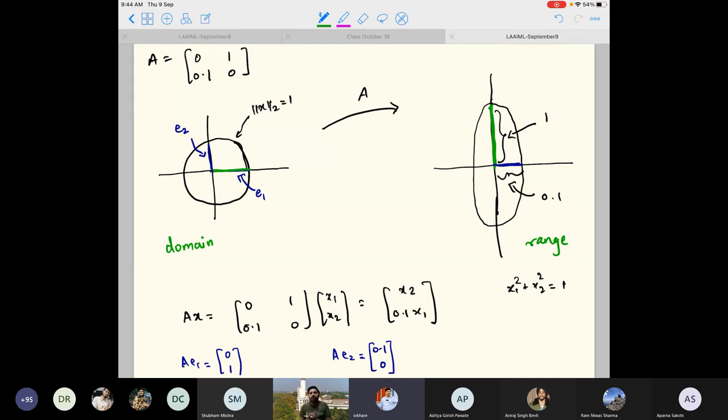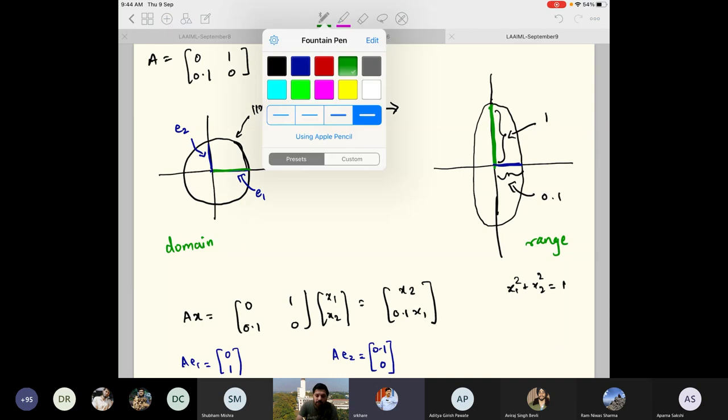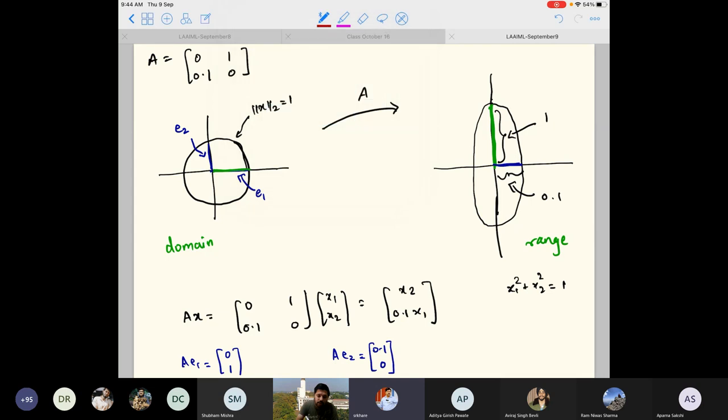And now I can play with this a bit, and you will see this play is really very interesting. So here, instead of 0.1, I put an alpha, where alpha is not equal to 0.